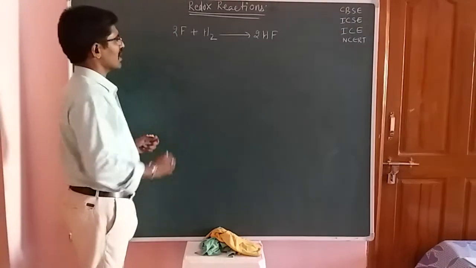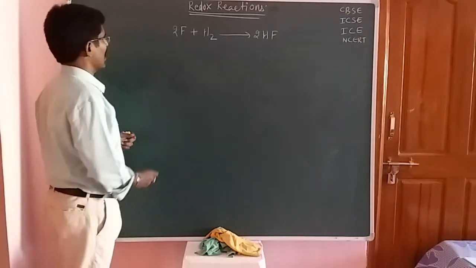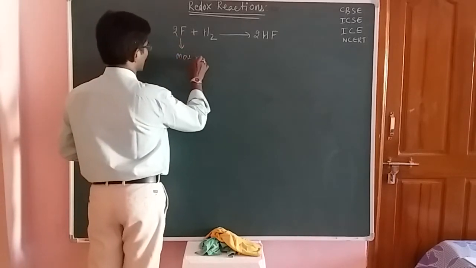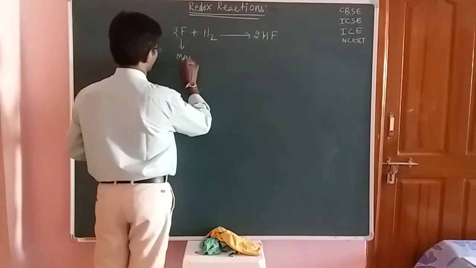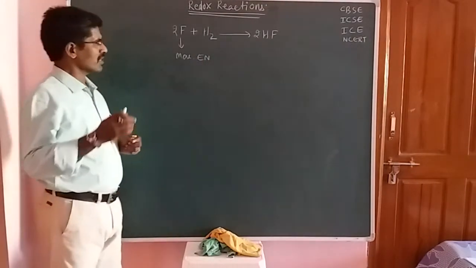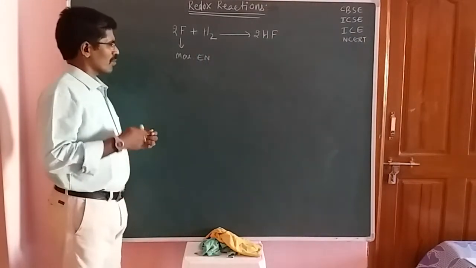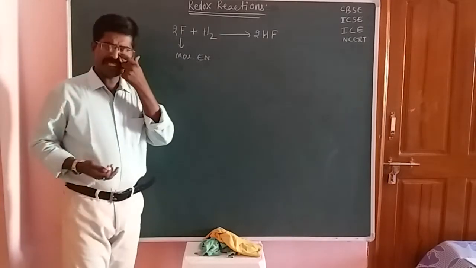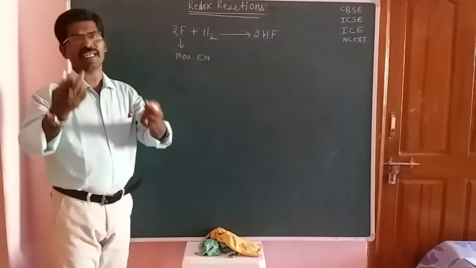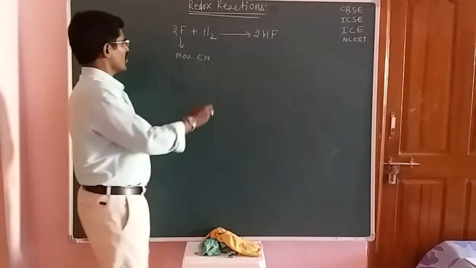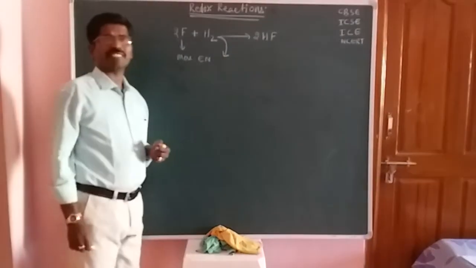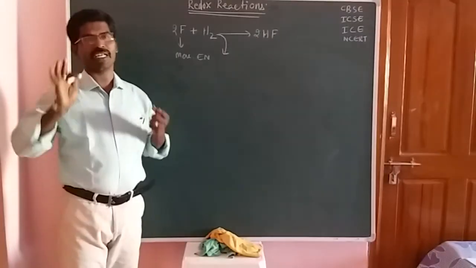In this redox reaction, fluorine is the more electronegative element. The tendency of an atom to gain electrons is called the electronegative character. The tendency of an atom to lose electrons is known as an electropositive element.